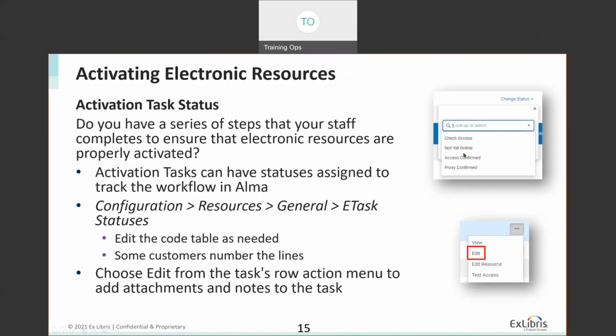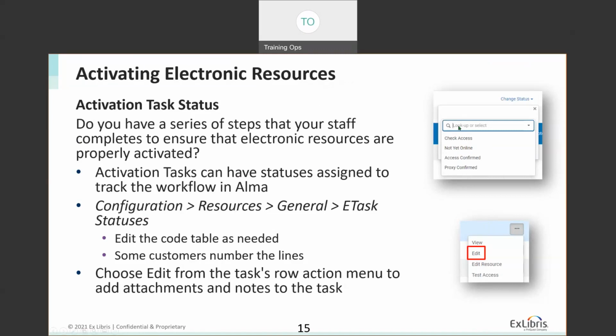The functionality behind this list is, I would ask you, do you have certain steps you go through, maybe a set of checks that you go through as you activate an electronic resource, such as making sure the link works, making sure the proxy is set correctly, making sure it shows in discovery? If you have a set of steps, that is where you can come in here and customize this list.